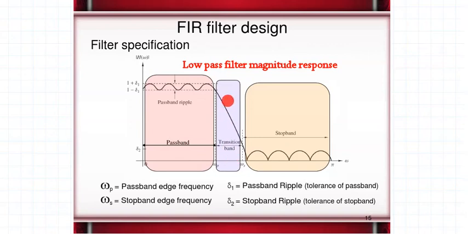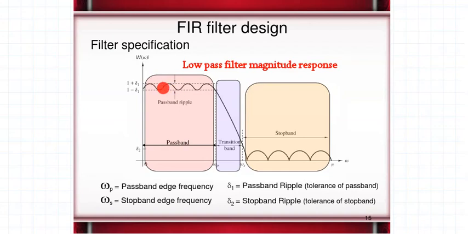So in the pass band, what we expect is a very smooth response, right? But that is not true when we come to a practical filter response. We observe ripples in the pass band. So this is called as ripples. These variations that you observe in the magnitude of the pass band are said to be the pass band ripple, because these ripples lie in the pass band.